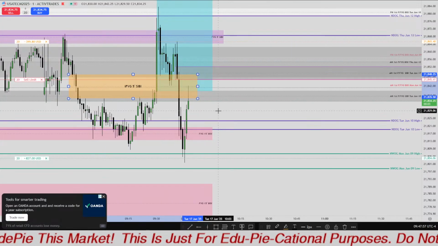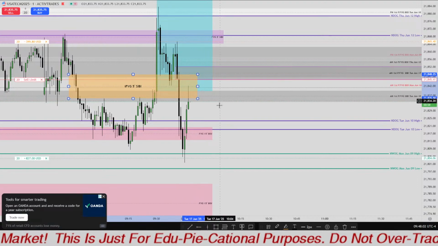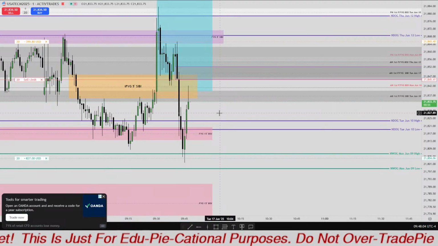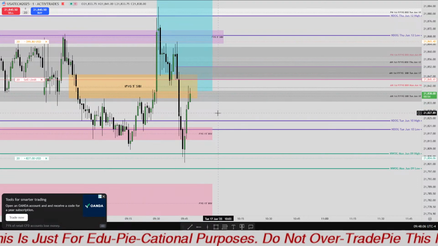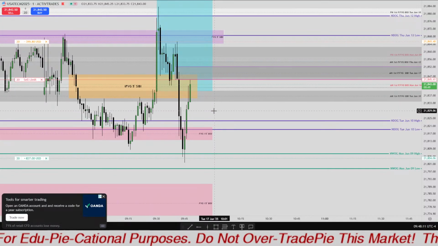Well, after touching the consequent encroachment of this 5-minute CB, the market traded lower and closed below it. Once again, we are trying to reach the first presented fair value gap of the day.